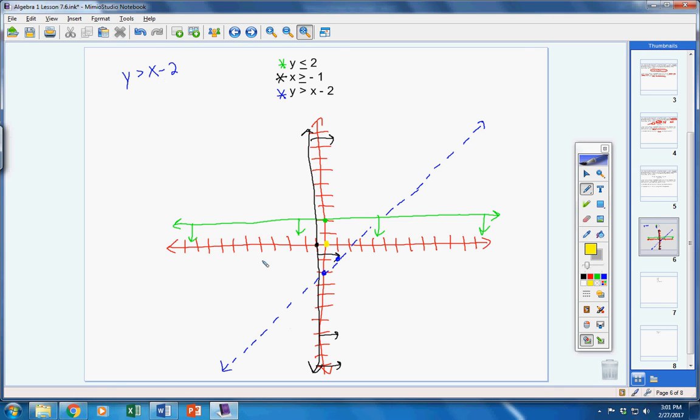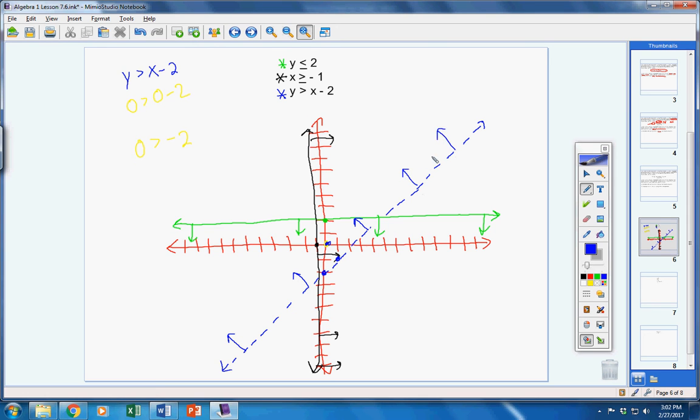So I'm going to put a 0 in for y, a 0 in for x. 0 minus 2 is -2. 0 is greater than -2. Is that true or false? Well, that's true. So we're going to shade toward 0, 0. So this blue line is shaded this way.